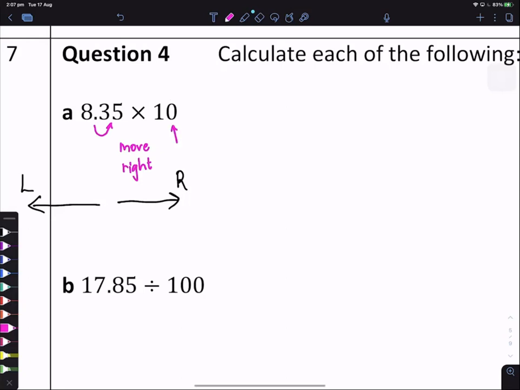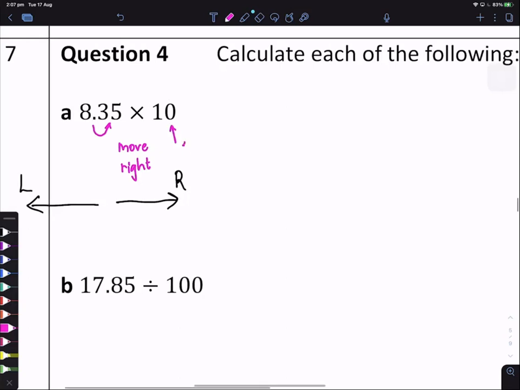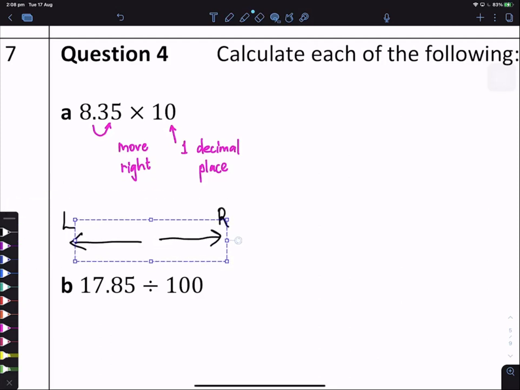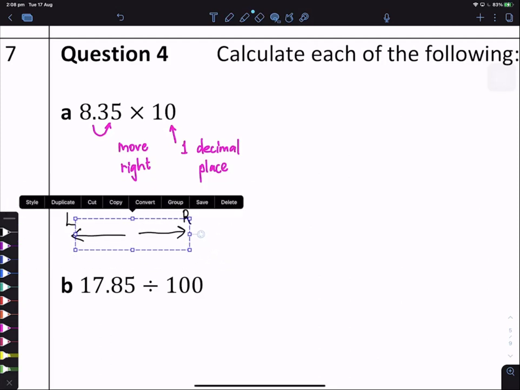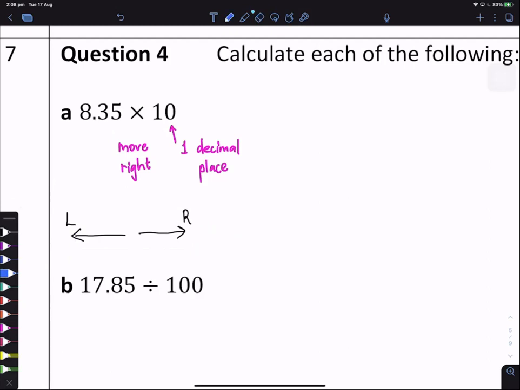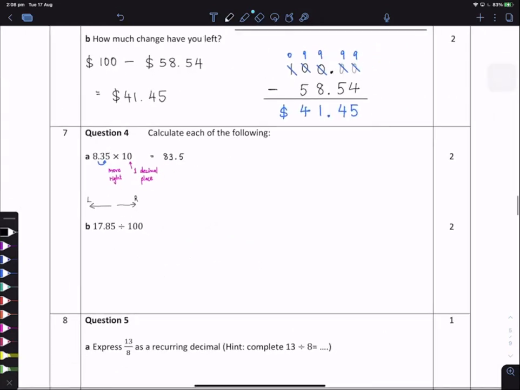And this 0 here, because there's 1 zero, we move across by 1 decimal place. Fantastic, Orlando. Fantastic, Mohammed. Move that over there. That means our answer will be 83.5.